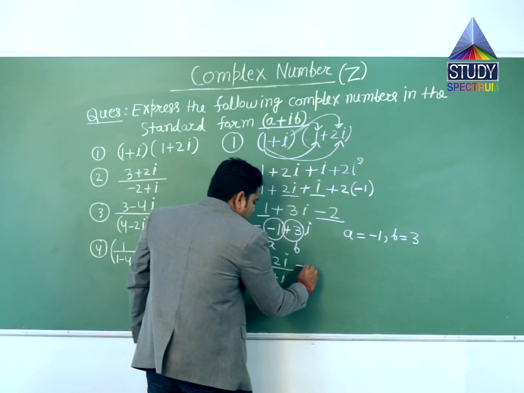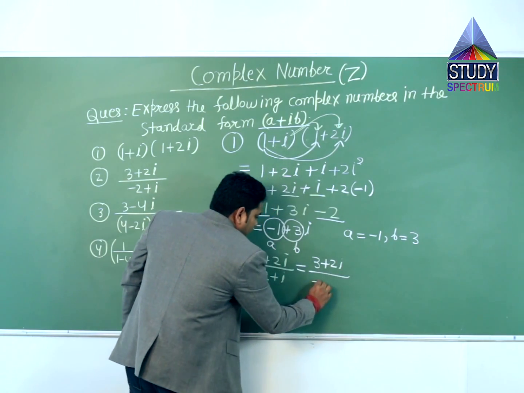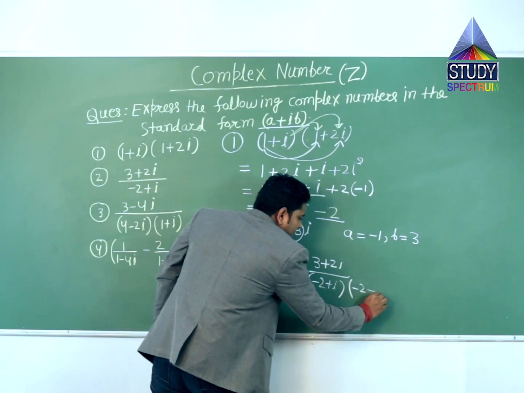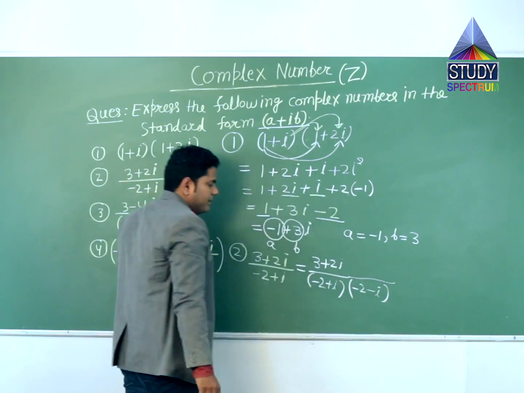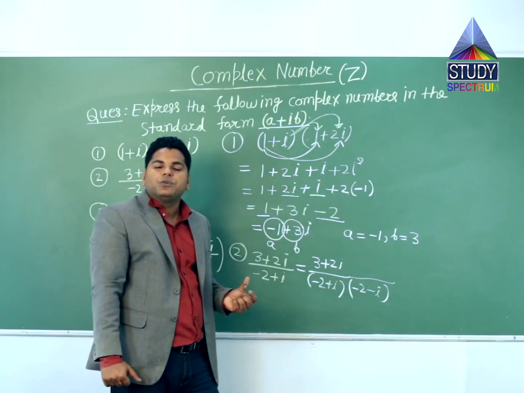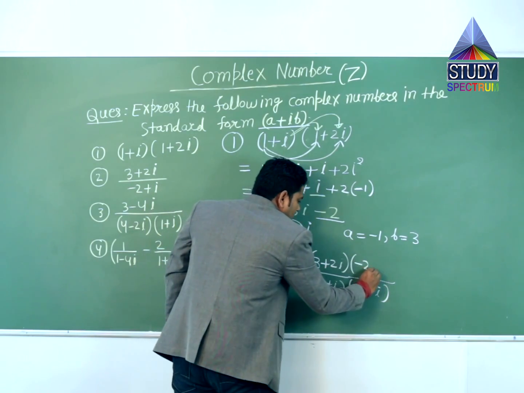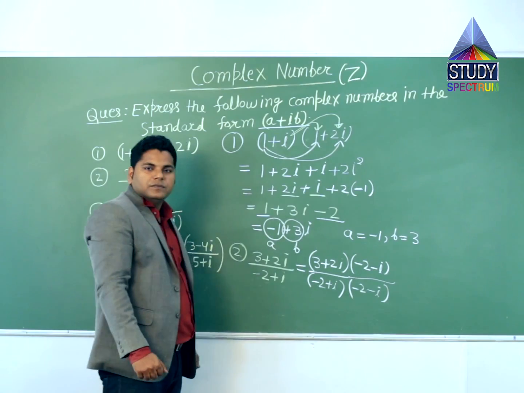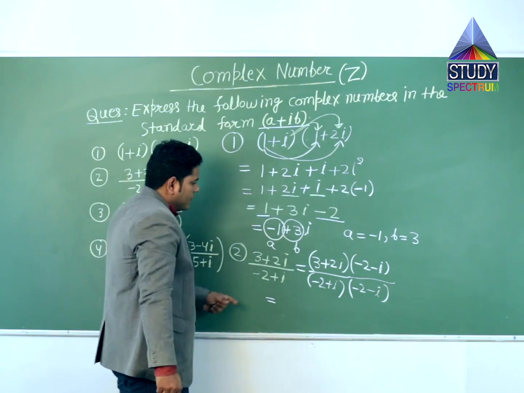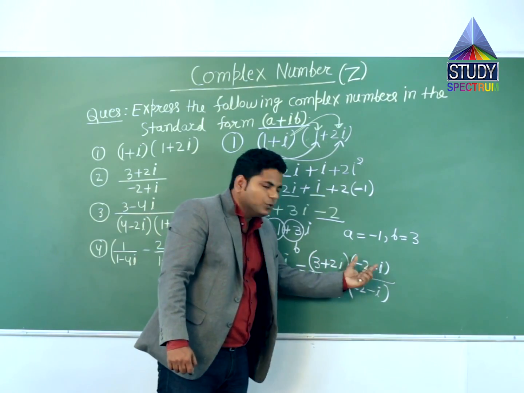So now we'll multiply to make the denominator a rational number. We'll multiply it by minus 2 minus i. Okay, so we are multiplying minus 2 minus i in the denominator, so we have to multiply minus 2 minus i in the numerator also. Okay, so now let's multiply this 3 plus 2i into minus 2 minus i.